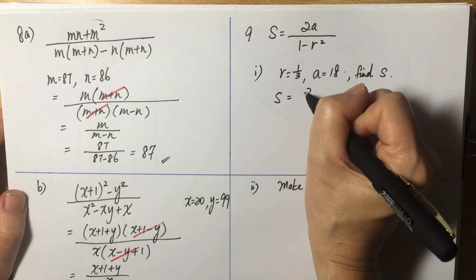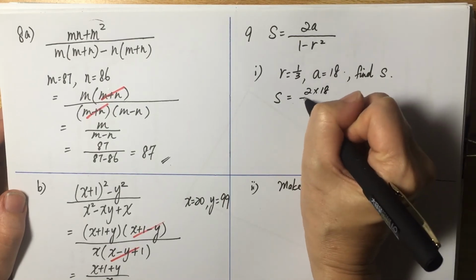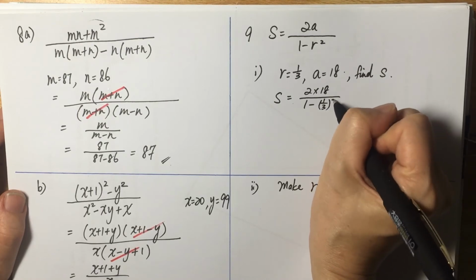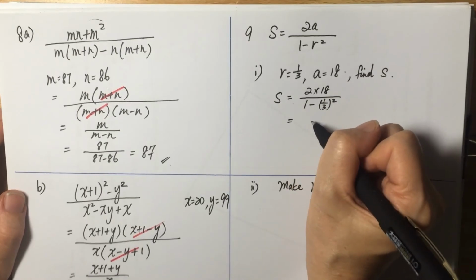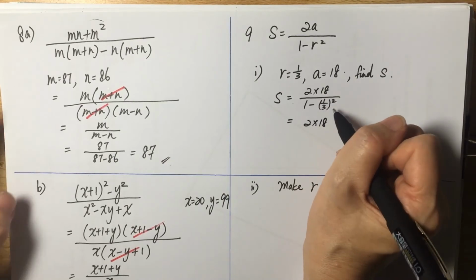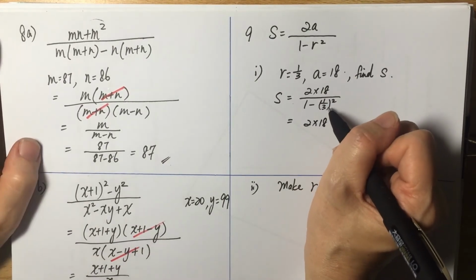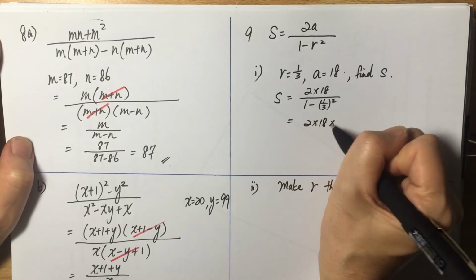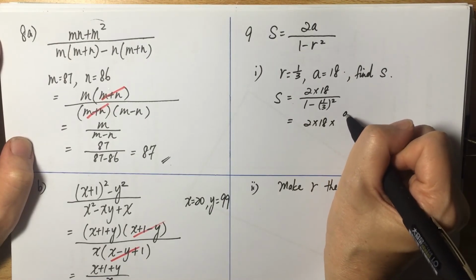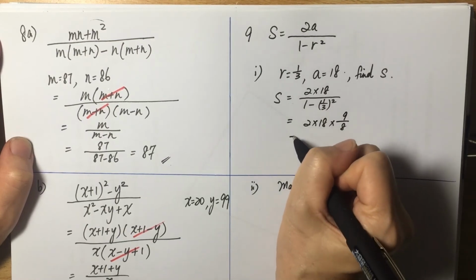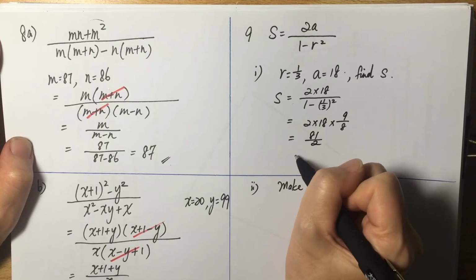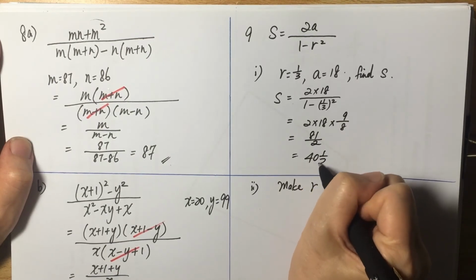So 2 times 18 divided by 1 minus 1/3 squared, which is 2 times 18 divided by 8 over 9. Divide by 8 over 9 means times 9 over 8. And so we have 81 over 2, which is 40 and a half.